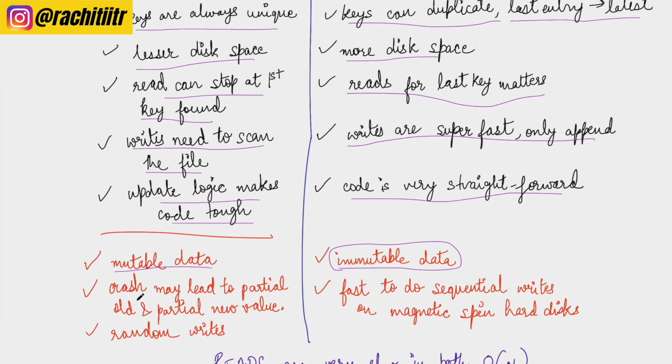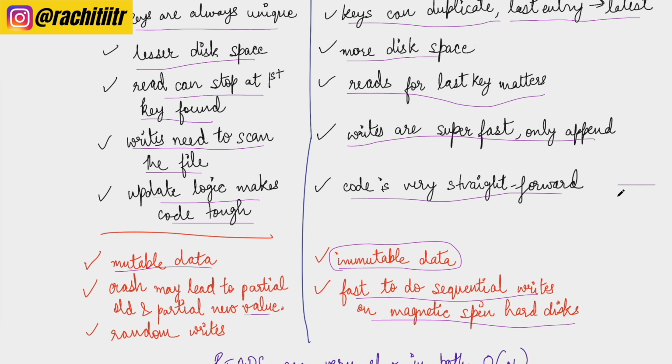Also, if there are crashes, it might happen that there is a partial old and partial new entry in the value. But in this case, it's not like that. And also, sequential writes on magnetic spinning hard disks are super fast. In the override case, you will be writing to different locations. Over here, you are always doing writes sequentially, always writing in continuous disk space.